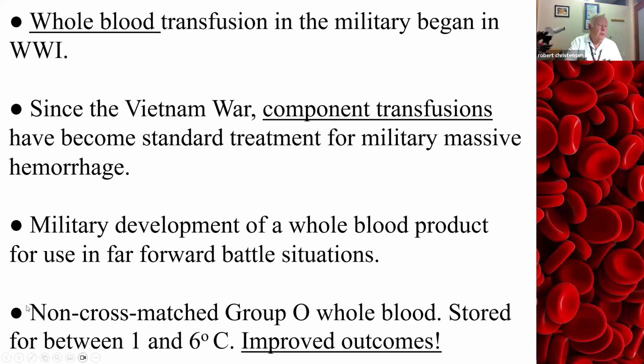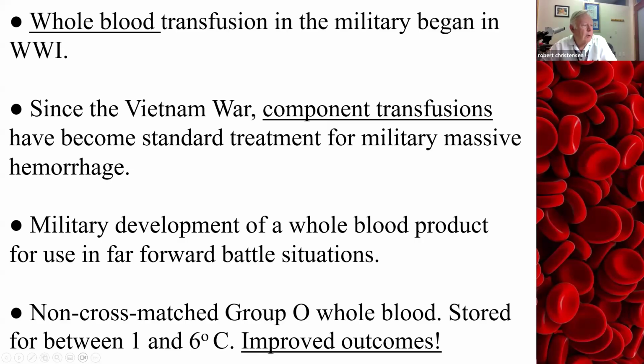Now, whole blood transfusion is the way transfusion medicine began back in the World War I era on the battlefield. But since Vietnam, component transfusions have eclipsed, totally taken the place of whole blood transfusions for massive military hemorrhage. Then the military developed, with the Gulf Wars, a whole blood product.